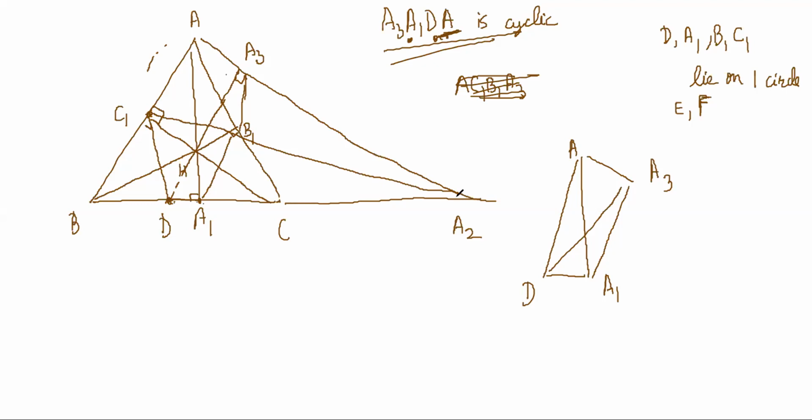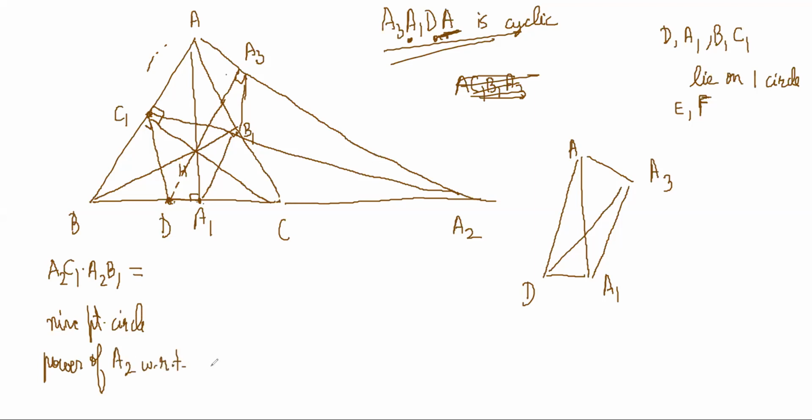See, this A2 is cutting C1 and it is cutting B1, no? This line, right? See, this A2C1 line, A2C1 into A2B1 is equal to the power of a point with respect to which circle? The 9-point circle. Power of A2 with respect to the 9-point circle, this is. Yes, because the 9-point circle passes through A1, B1 and C1, no?